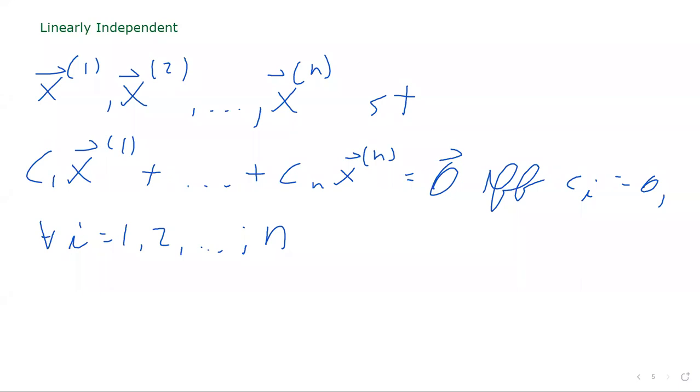So the only way that we can get everything to be 0 is if we have all the c's equaling 0 as well.